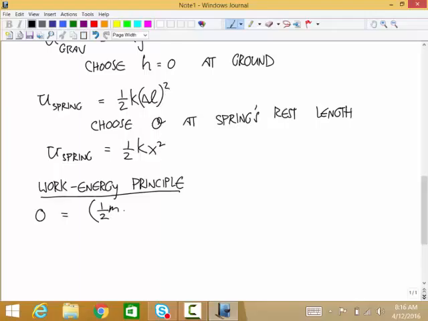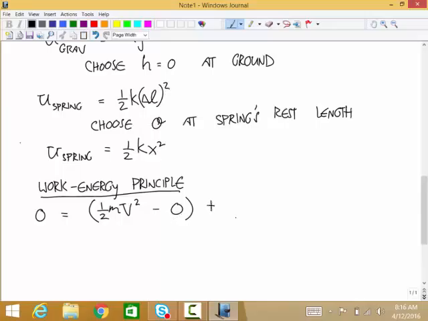So that's just 1/2 mv squared. Our earlier instant, our instant 1, is going to be at the instant it's released. So what's the speed at the instant it's released? 0. And so our kinetic energy at instant 1 is going to be 0.